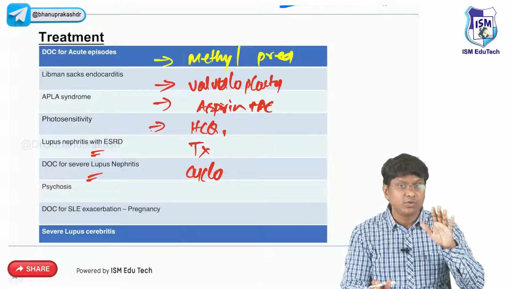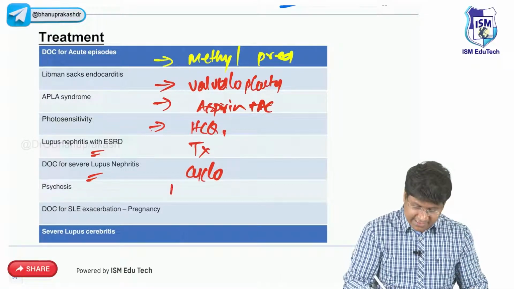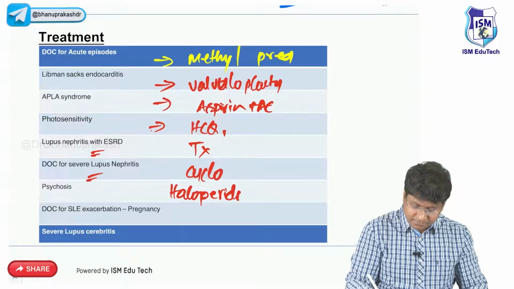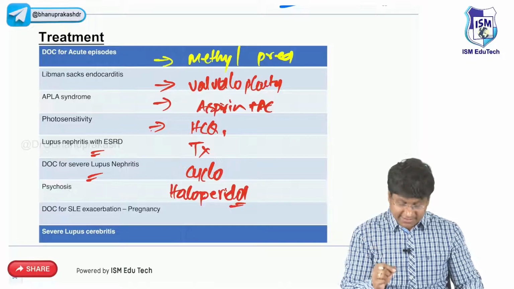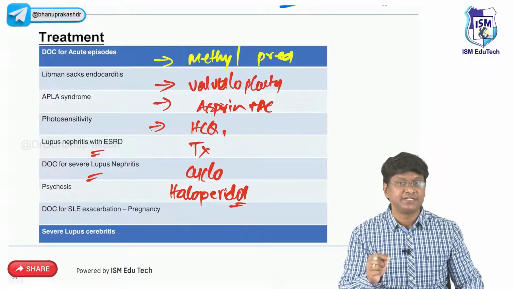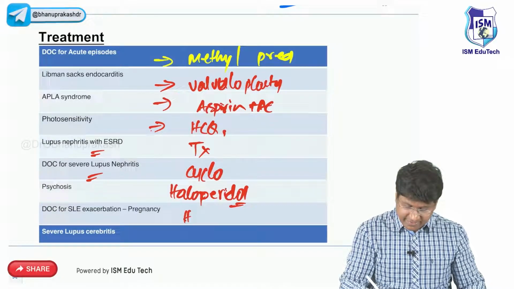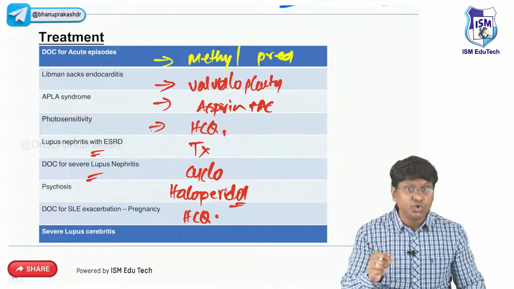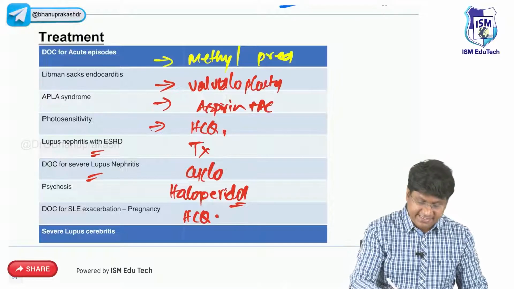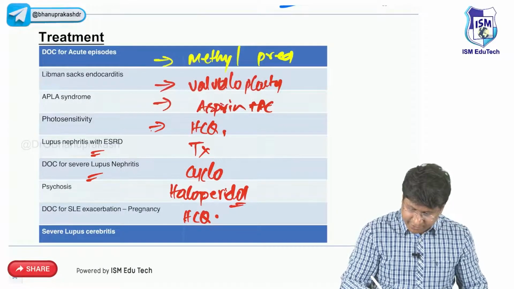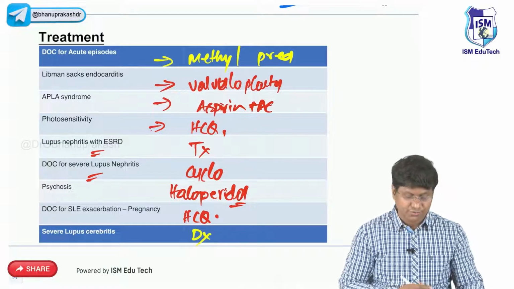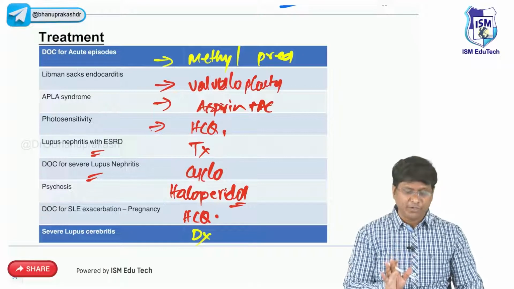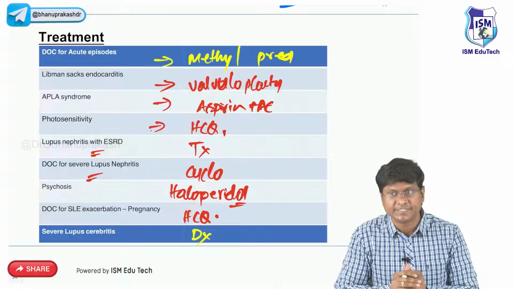For psychosis, what is the treatment that you'll be giving? That is haloperidol, right? Then the drug of choice for SLE exacerbation in pregnancy will be hydroxychloroquine. In severe lupus cerebritis, you need to give dexamethasone. Okay, so these will be the treatment options in systemic lupus erythematosus.